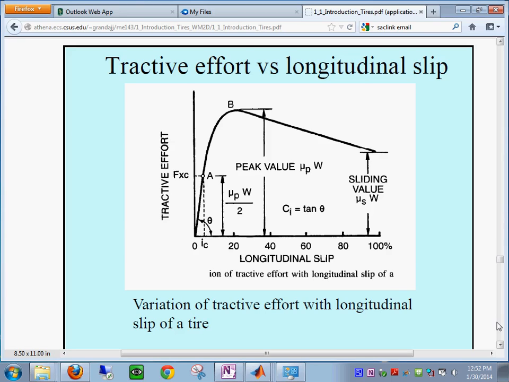There are many of these experimental charts that have been made about tires. So tires have a lot to do with these coefficients, and these experiments.